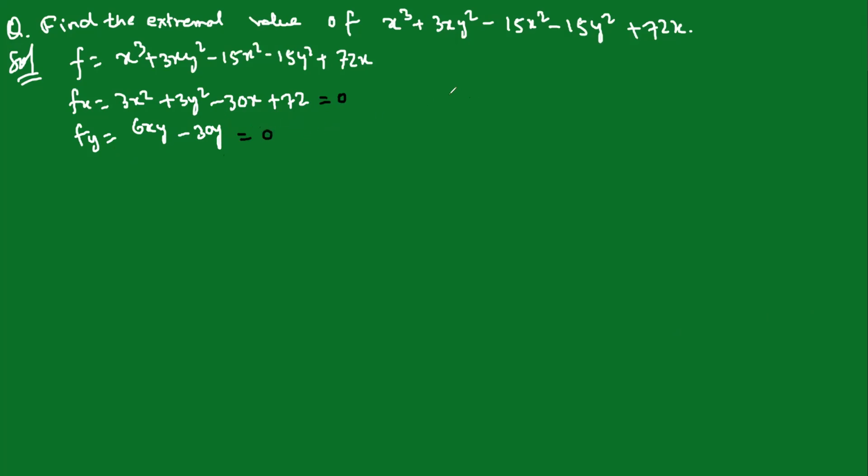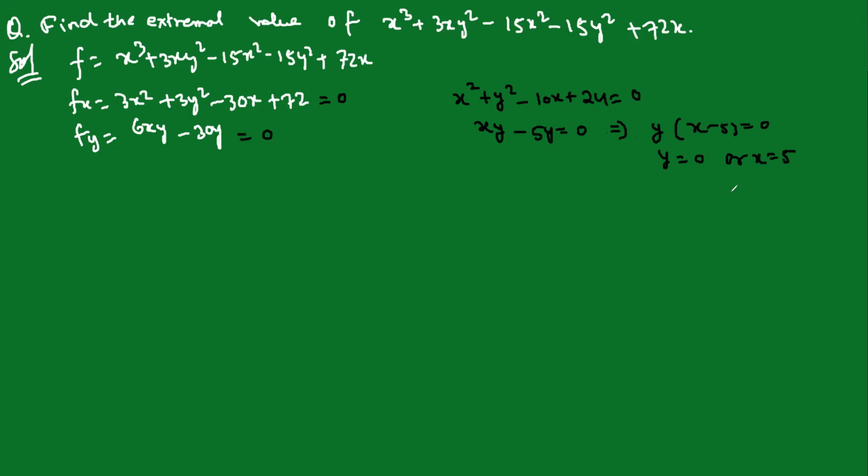So in the first equation, take 3 common, right? From the second equation, take 6y common. From the second equation, you get y(x minus 5) equal to 0, so y is equal to 0 or x is equal to 5.